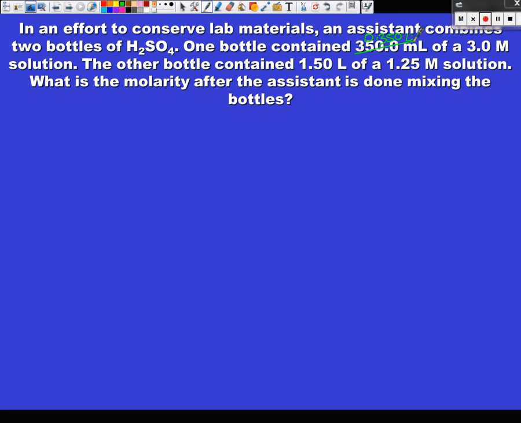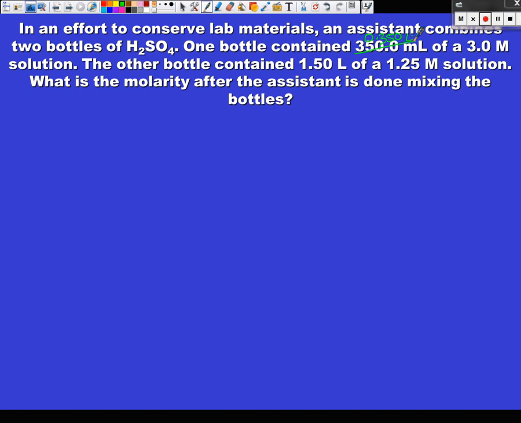Now they match, and that's the better unit to have it in. It's 0.35. You should add another 0, but I'm not worried about that because I know the bottom line is going to be 2 sig figs either way.